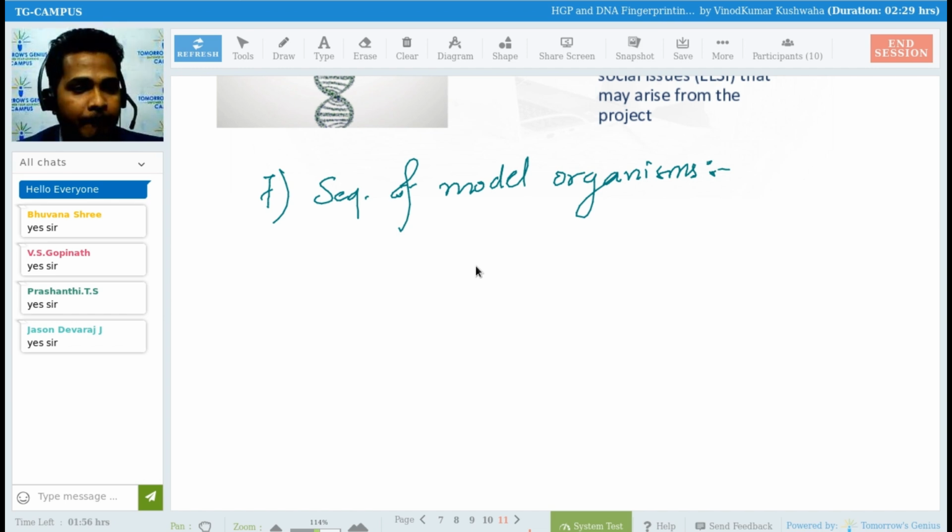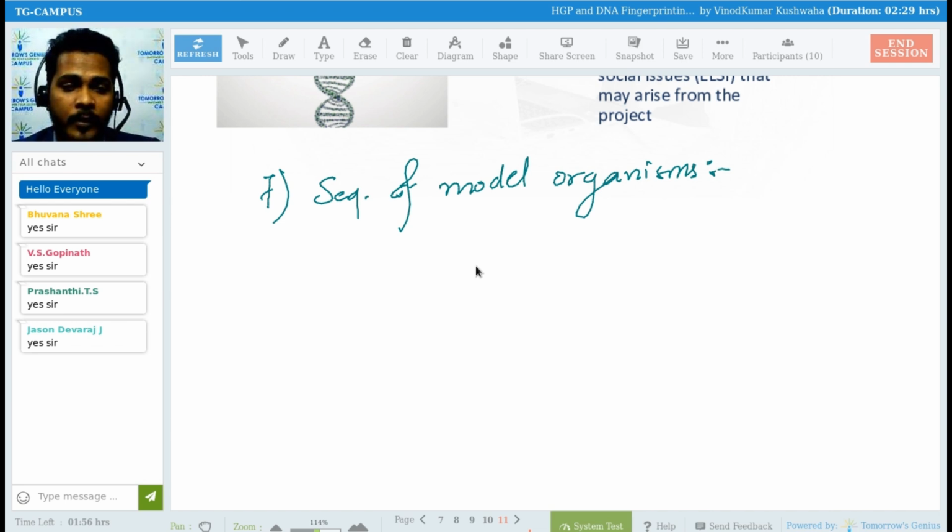You know Drosophila, the fruit fly; this is a model organism. Bacteria E. coli, you might have heard of it; this is also a model organism. And there is Neurospora crassa, also a model organism. Then there is yeast, also a model organism. So you have to remember the different model organisms.